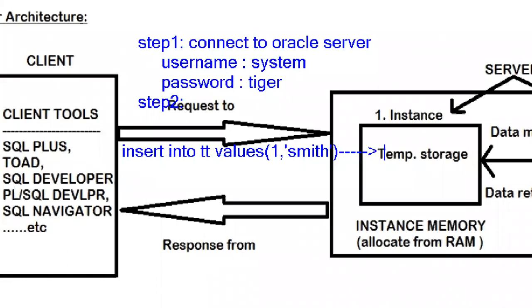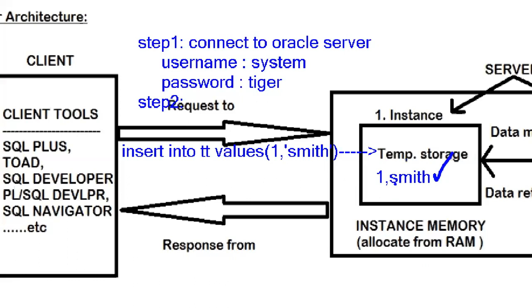Initially the data, 1 comma Smith, is saved only in your instance memory, which is a RAM location. The RAM location is nothing but the instance memory. There is no chance to save it directly into the database, so it is first saved in the instance memory.